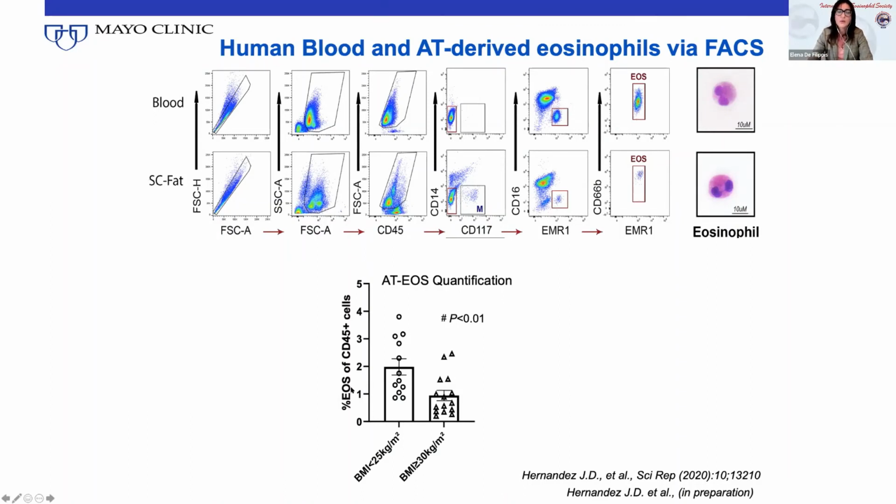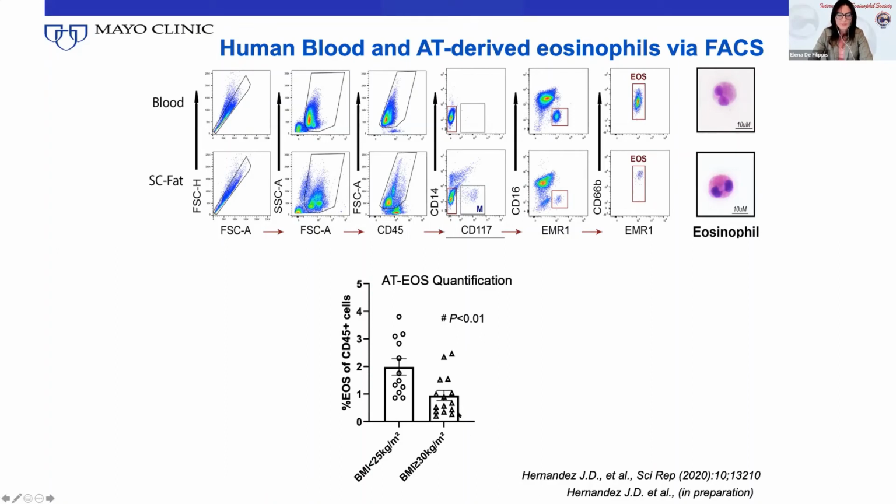When we did that and expressed this as a percentage of CD45 positive cells, we found that, like Dr. Wu, in subjects with obesity the number of eosinophils locally is significantly decreased.